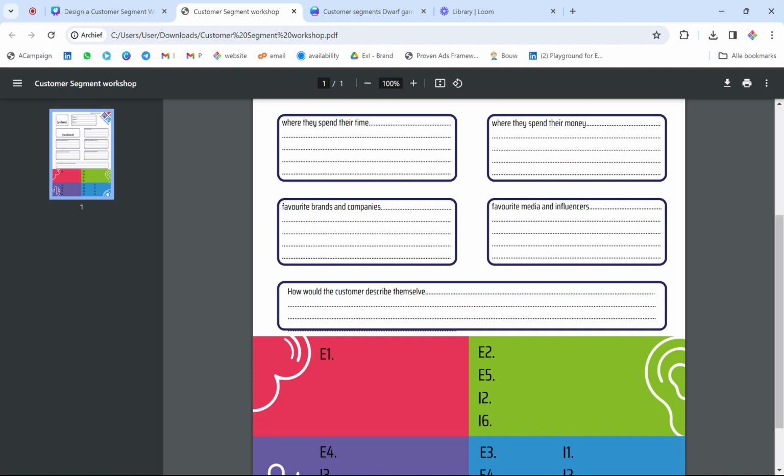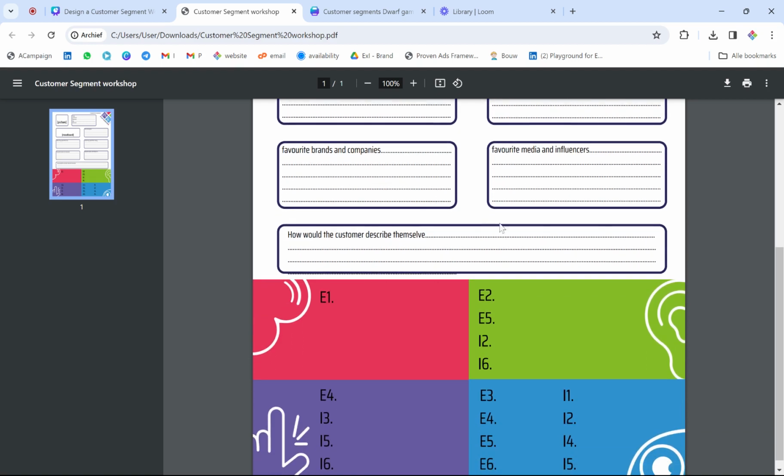What values do they identify with these companies and with these brands? What are their favorite media and influencers? So that would really go into their tastes, what they resonate with, what they identify with as a person, and how they also see themselves.